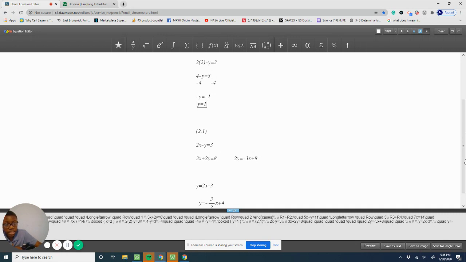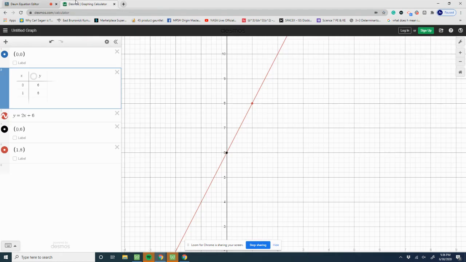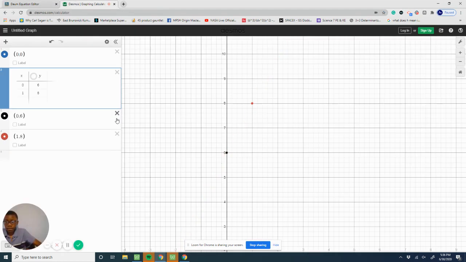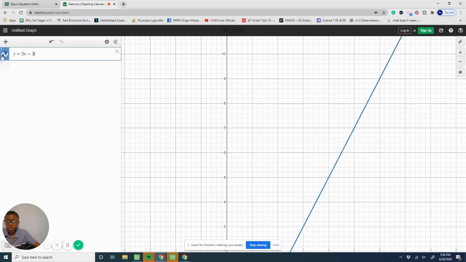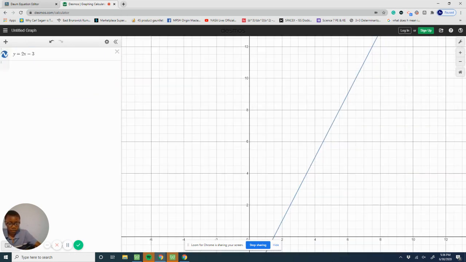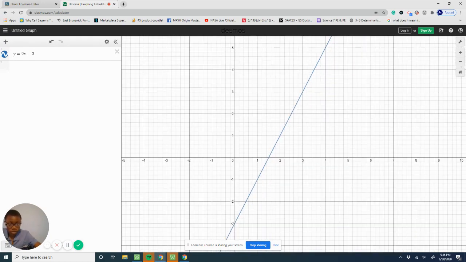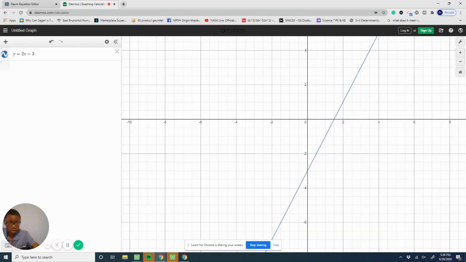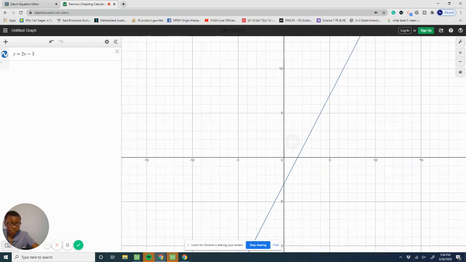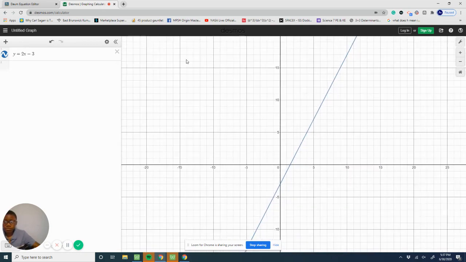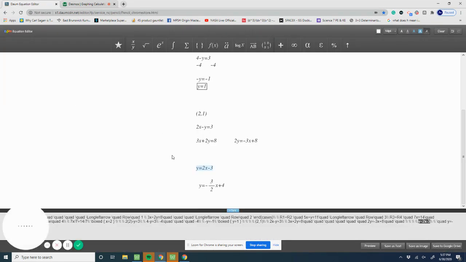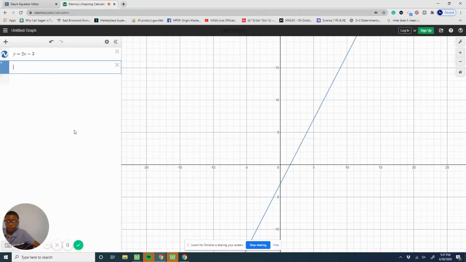And what we basically did is found where they intersect, where they cross, where the two paths cross. So here we have this graph, and our other line.